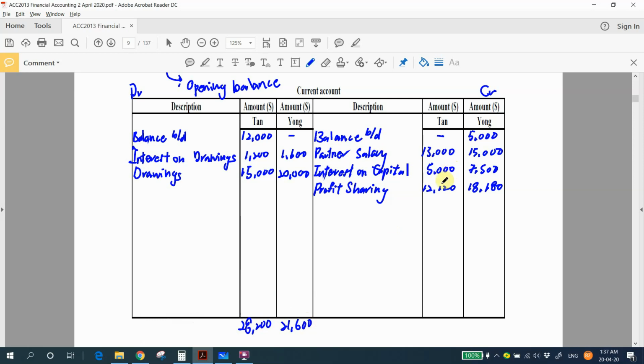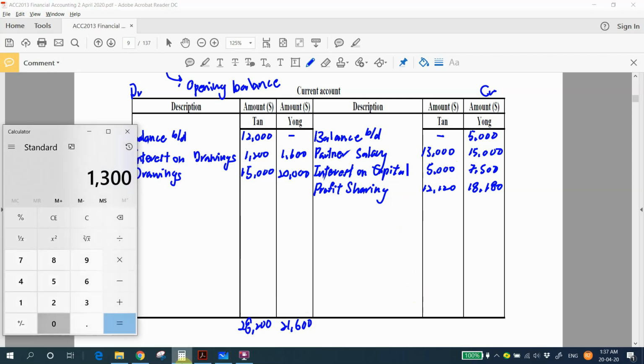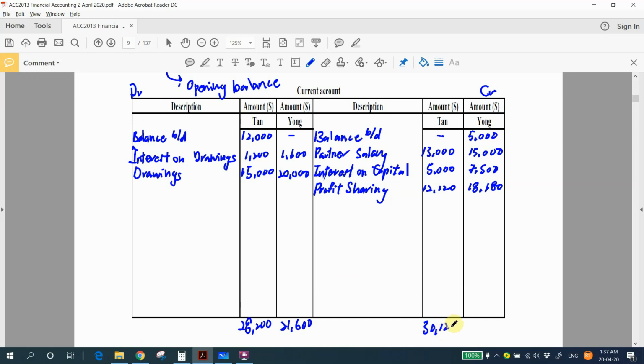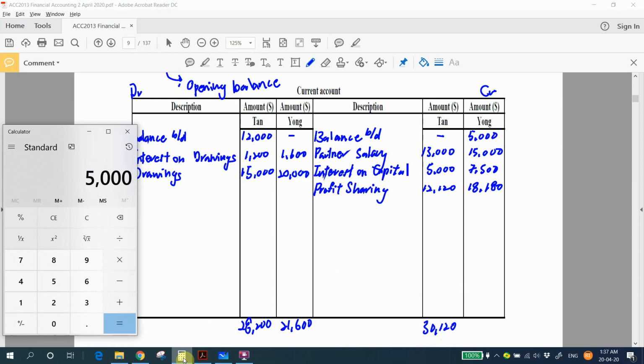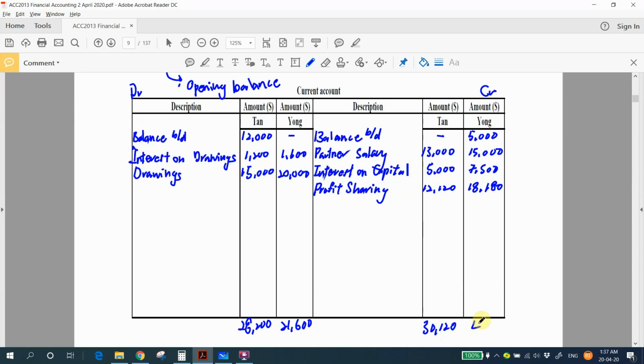For Tan on the credit side, 13,000, 5,000, 120, 30,000, 120, and for Yong, 5,000, 15,000, 7,500, and 18,180. So you get 45,680.